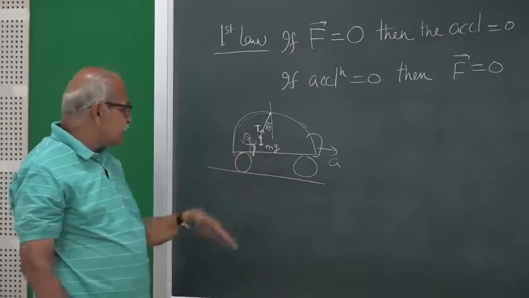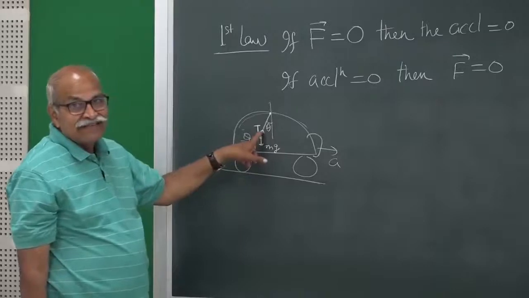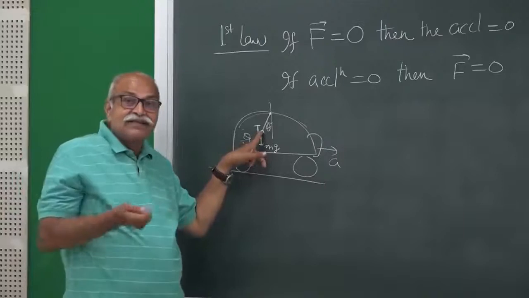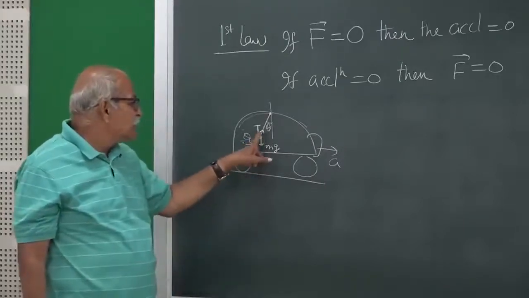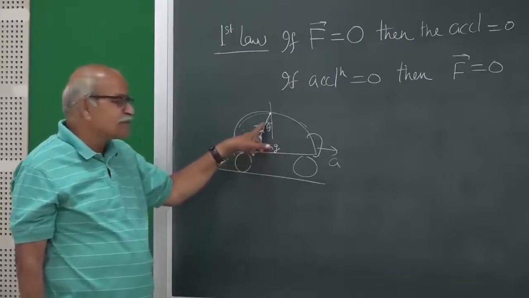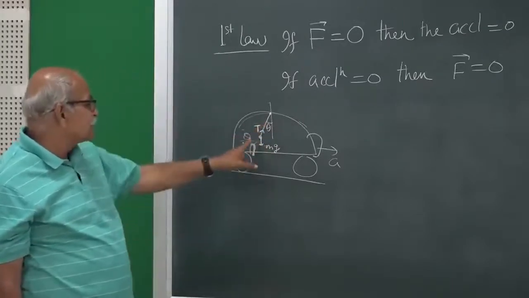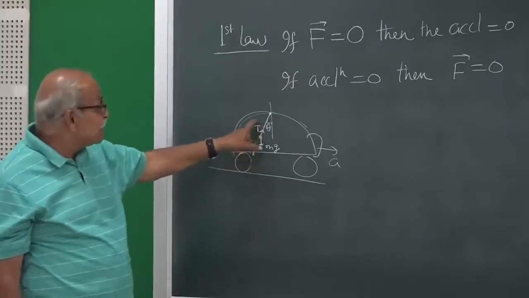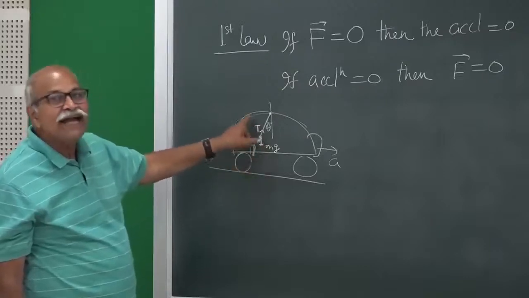Other than the earth, the only thing in contact is this string, and the string always pulls along its length, and therefore the force on this bob by the string is in this particular direction along the string. There is no other object which exerts force on this, and these two forces are not equal and opposite, and they will not add to 0.